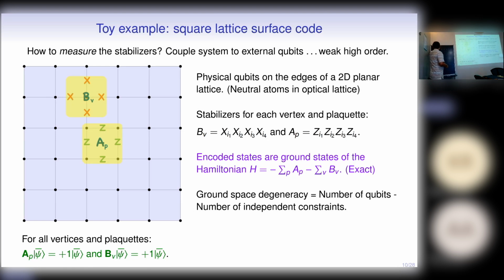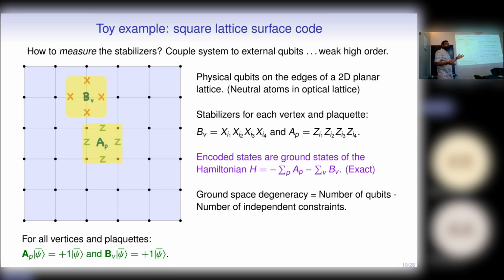Earlier, we did a counting argument where we divided the space in half each time we introduced a stabilizer. We can do exactly the same counting argument. How? What is the number of edges? In an n by n lattice, there will be 2n squared edges. How many vertices will there be? n squared vertices. How many faces? n squared faces.